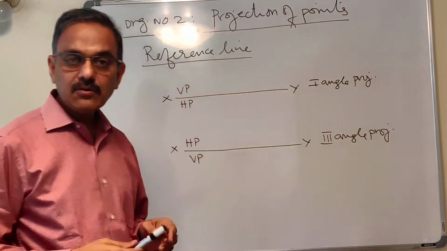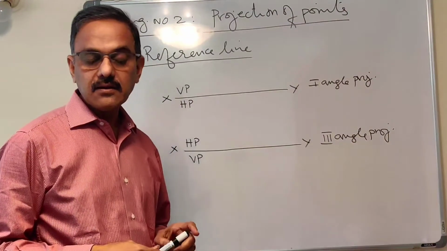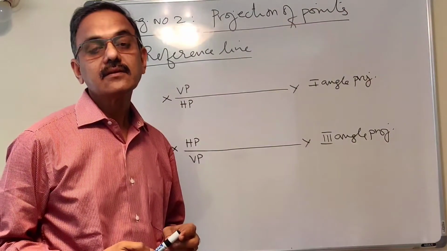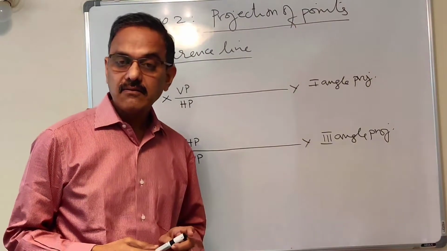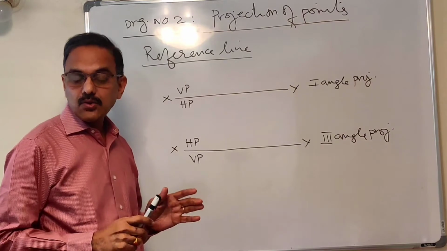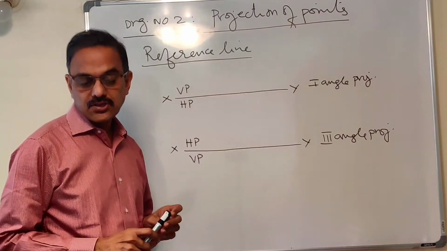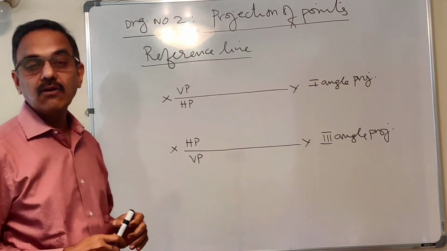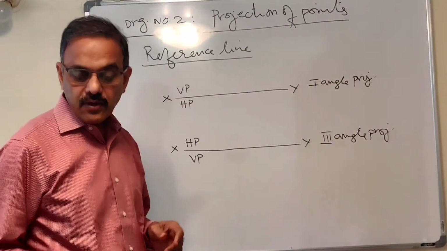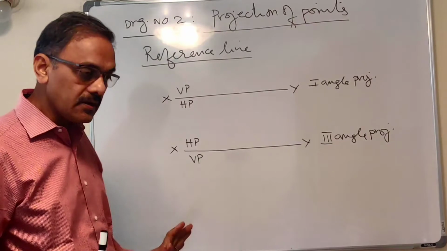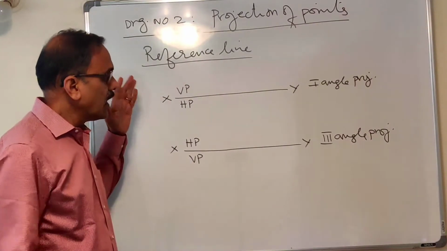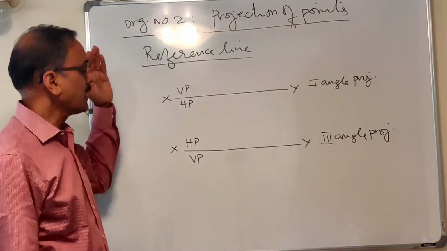Why is Sir talking only about first angle and third angle, and what about second angle and fourth angle? You might get a question from your side. I'll explain to you. But you don't have second angle and fourth angle projection methods. I'll explain why they are not followed clearly when we further proceed. But for the time being, accept that you have only two methods of projection in orthographic projection.